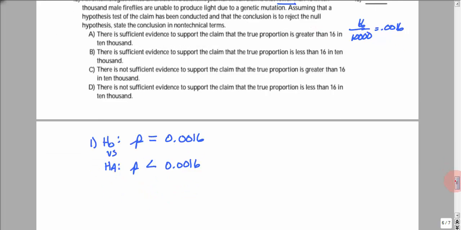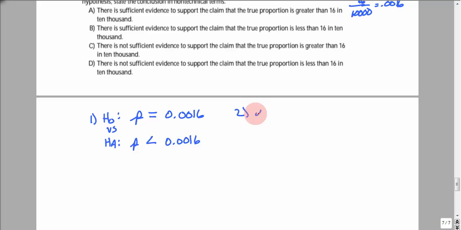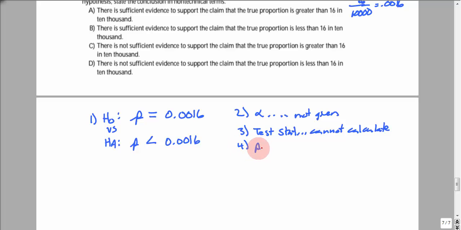Okay, now we're not doing step 2, alpha, not given. Step 3, test statistic, cannot calculate because I don't have any data. Step 4, I can't find a p-value because I don't have a test statistic.